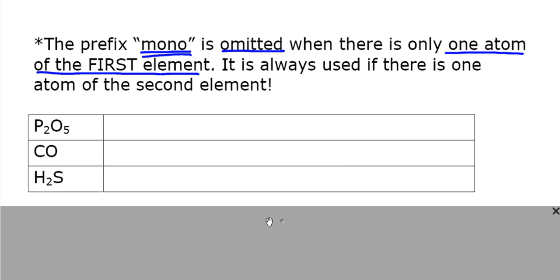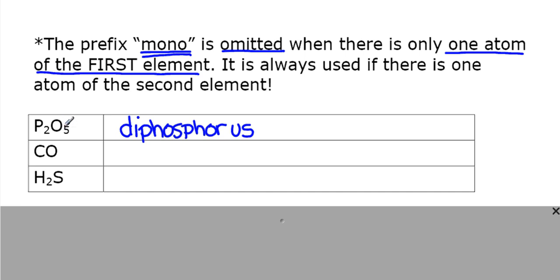So here are a couple to name. So I see I've got 2 nonmetals, so it tells me covalent, and I have to use the prefixes. 2 means di. Then I write the name of the first element unchanged, so that's just phosphorus. So diphosphorus.